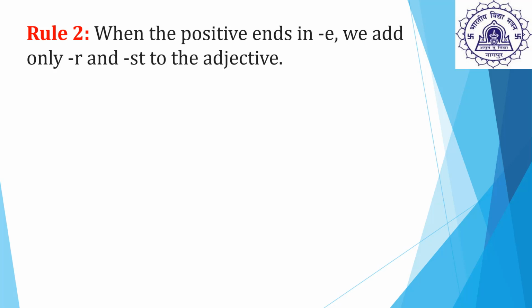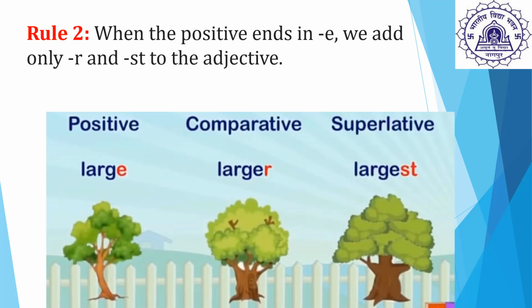Let's see an example. Like for example, the adjective large, we add R to it in the comparative degree and ST in the superlative degree. So large becomes larger and largest.